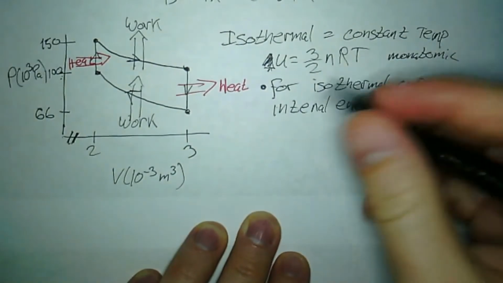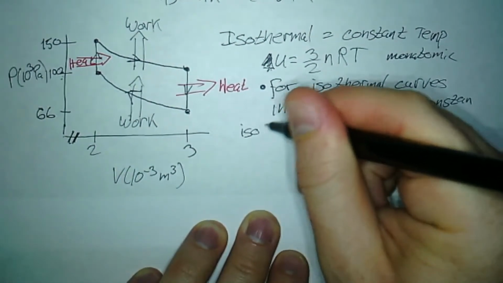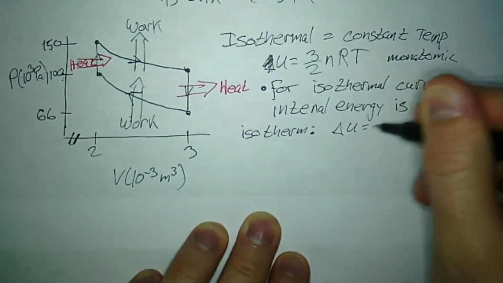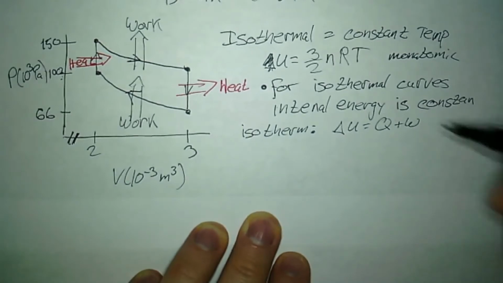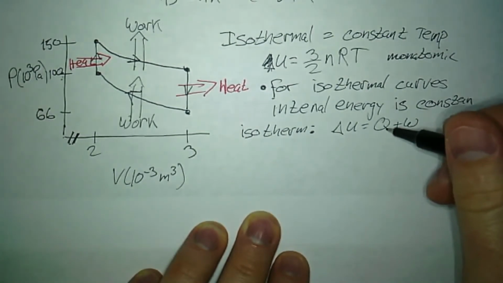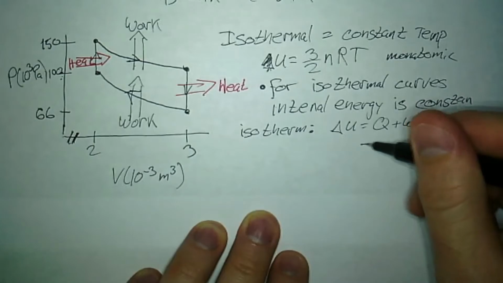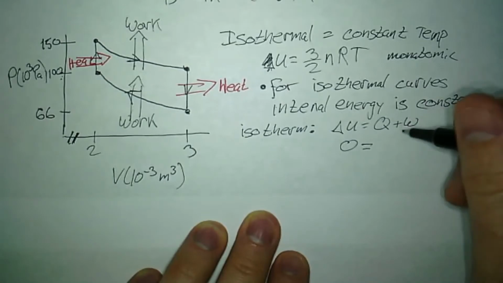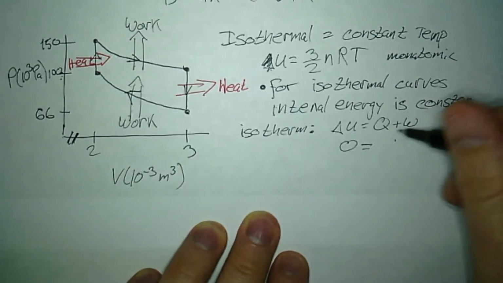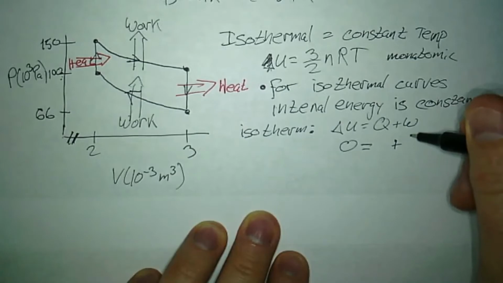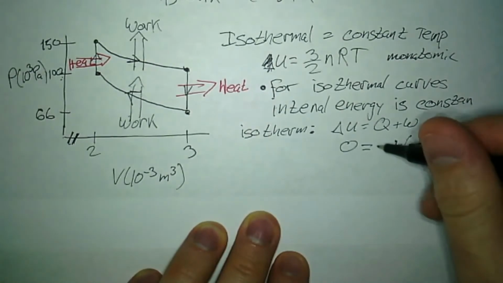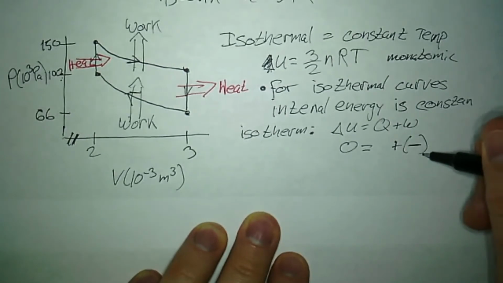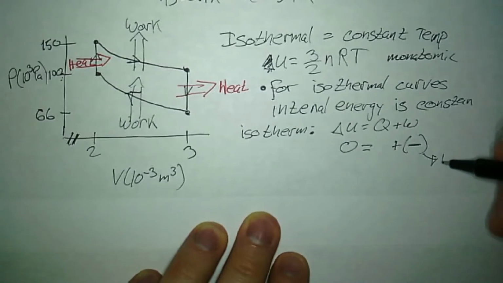All right, so what does that tell me? So for an isotherm, I know delta U is equal to Q plus W. This is work being done on the gas. This is heat coming into the gas. So I know that this is 0, and I know that the work is leaving the gas, which means that this is some negative number, because energy leaves by work.